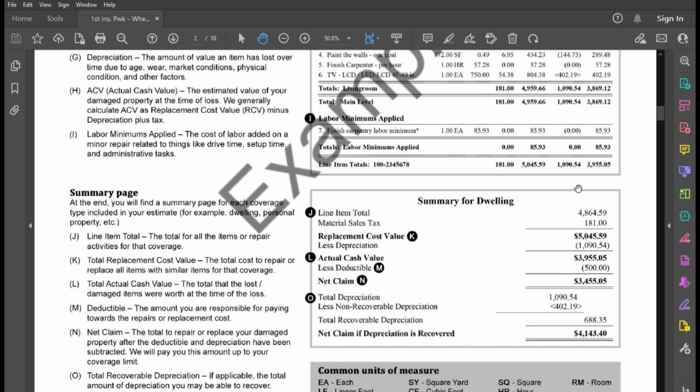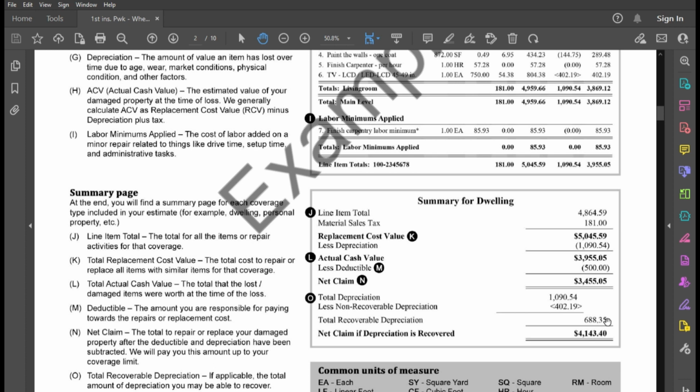So instead of this number being waiting at the insurance company for you to finish the work and then send in a final bill, now it is this number due to the non-recoverable depreciation. So after they take this away, they are going to send you a check for $688.35 once the work is completed. Okay? That's all you have left at the insurance company.